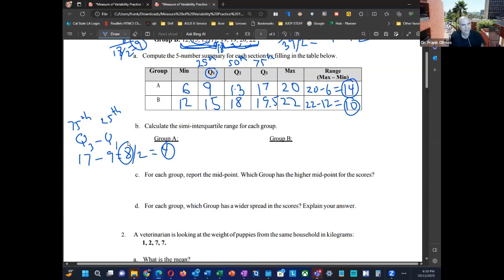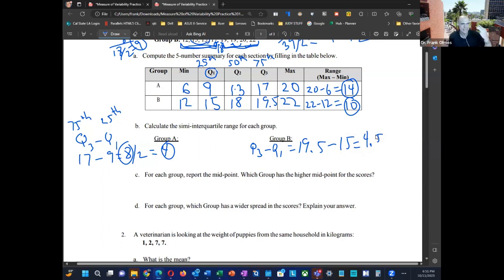Now, group B: you basically do the same process you did with group A. You get Q3 minus Q1. In this case, it's going to be 19.5 minus 15. You get 4.5.